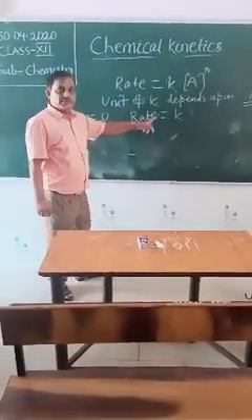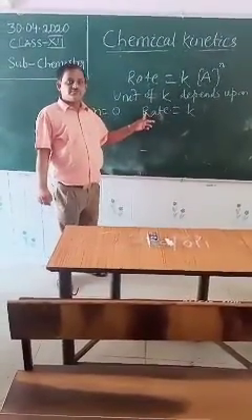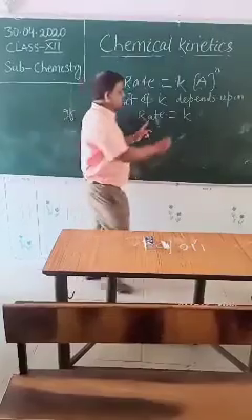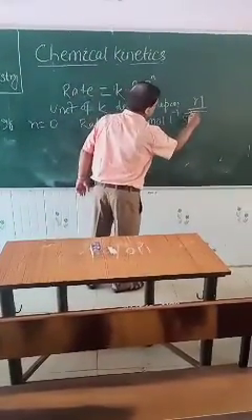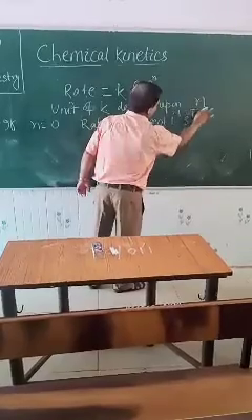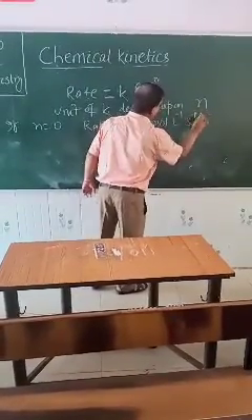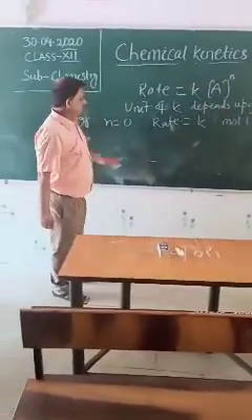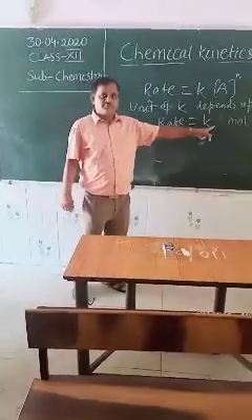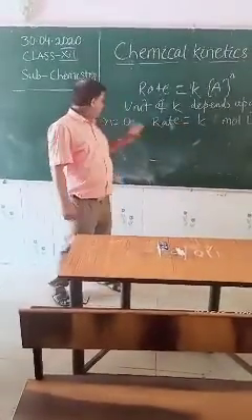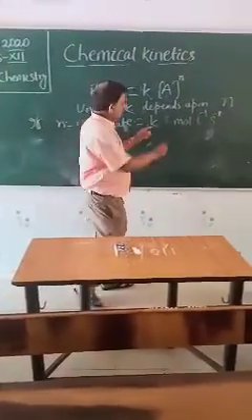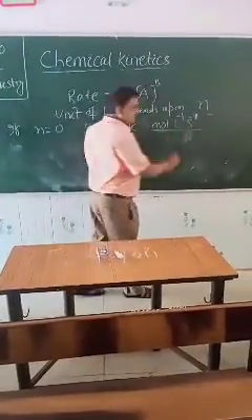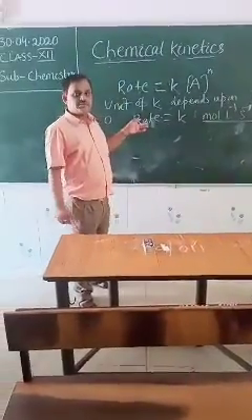So unit of k is the same as rate of reaction, that is mole per liter per second. If rate is equal to rate constant, n equal to 0, and the unit is mole per liter per second, same as rate unit.